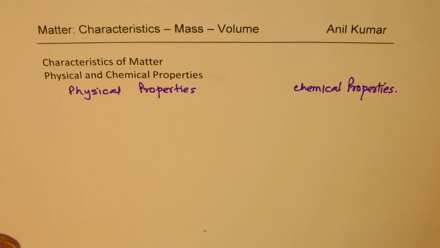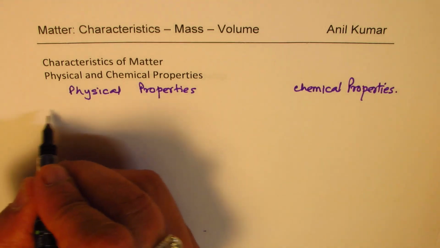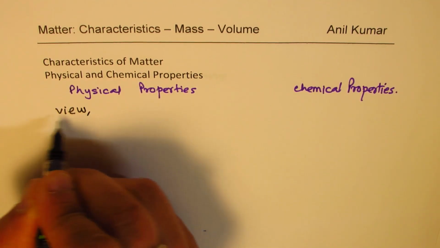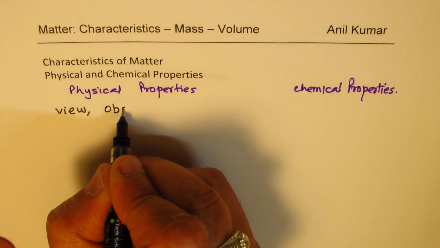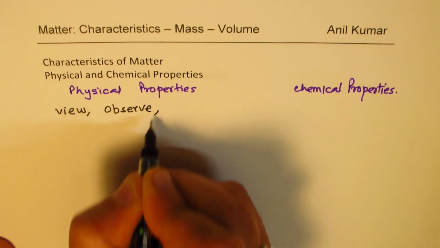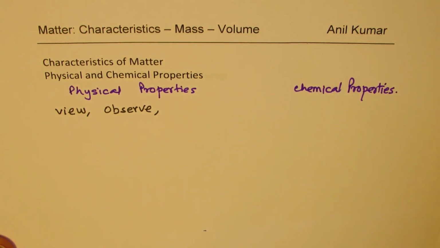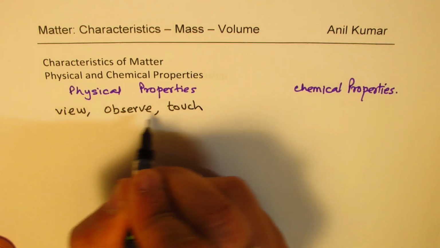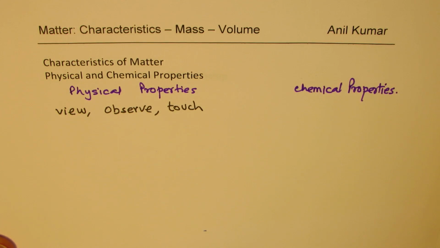Physical properties are properties which we can observe, right? So basically which we can view. So properties which we can find by observation, which we can view, we can observe, right? Or we can actually touch and feel, right? So those are the physical properties.